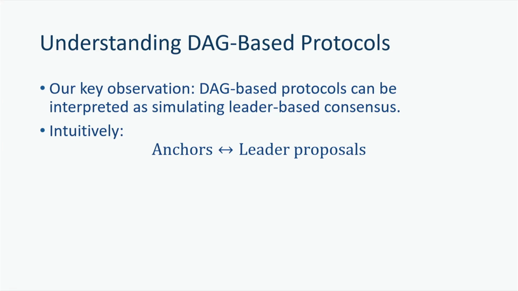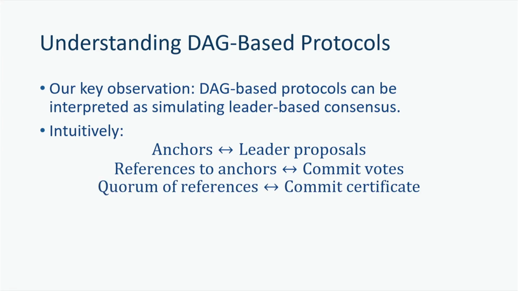We can make an analogy between these anchors and leader proposals. References to these anchors would correspond to commit votes. And recall that in Paxos-like protocols, you need a quorum of commit votes to commit a certain request. So if we continue this analogy, then a quorum of references would correspond to a commit certificate.